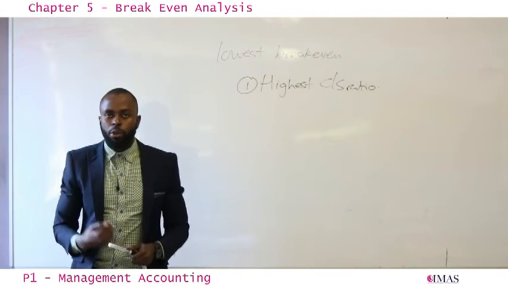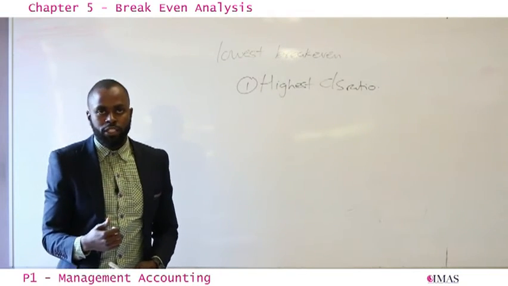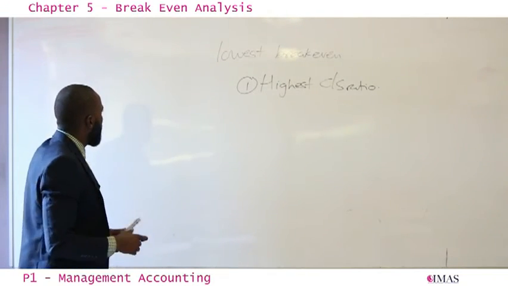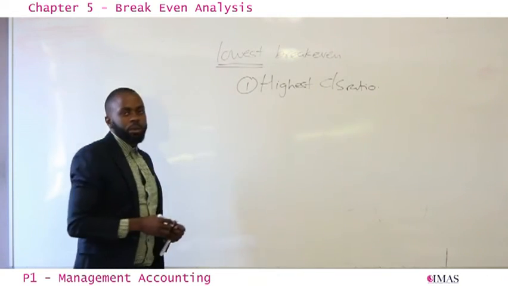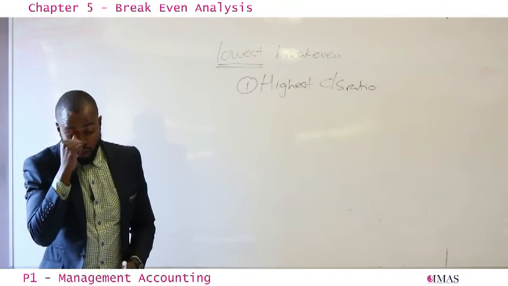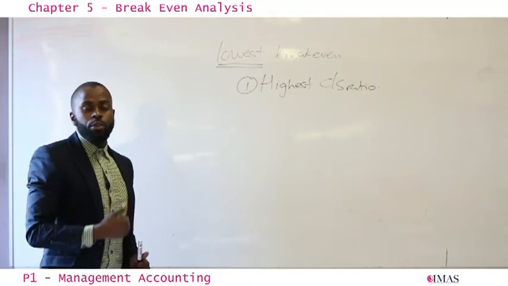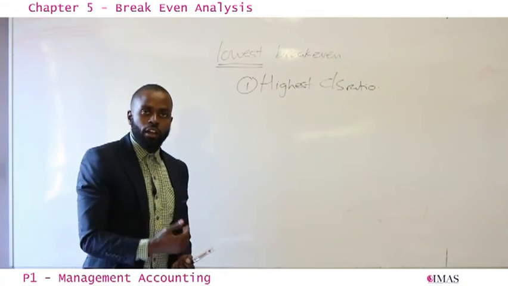That means we contribute more per dollar, so we're able to cover our fixed costs much faster. I'll repeat that. Because we want the lowest break-even point, we need to start by selling the product with the highest contribution to sales ratio, because then we contribute more per dollar.